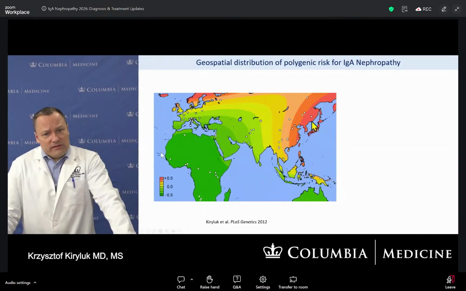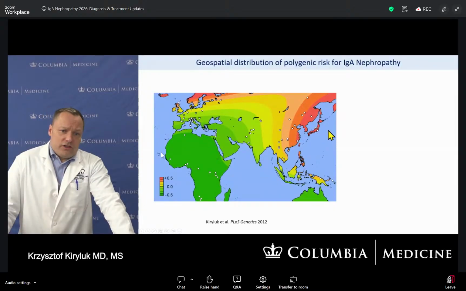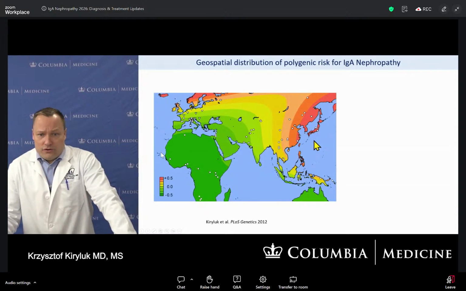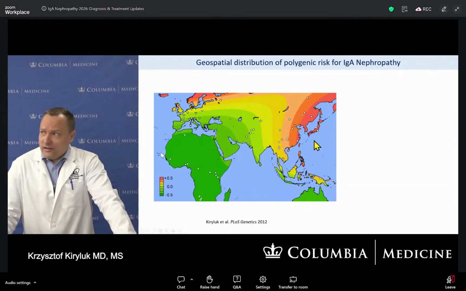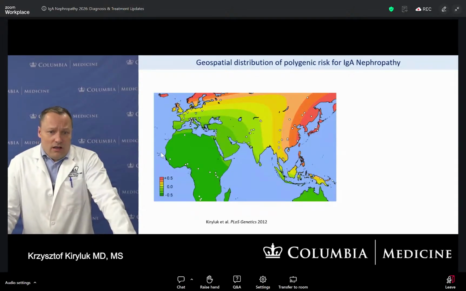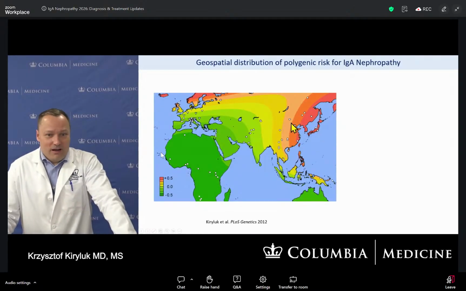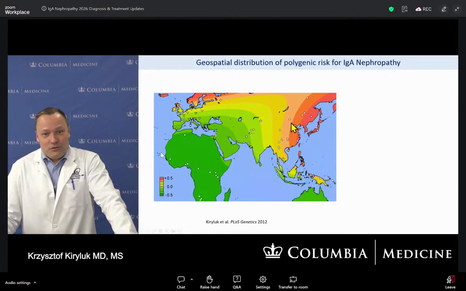And so we hypothesize that perhaps these risk alleles for IgA nephropathy, since they regulate IgA levels, provide protection against some other environmental exposures. And of course, infections came up as one of the most plausible exposures. Infections have been shaping the human genome throughout evolution.